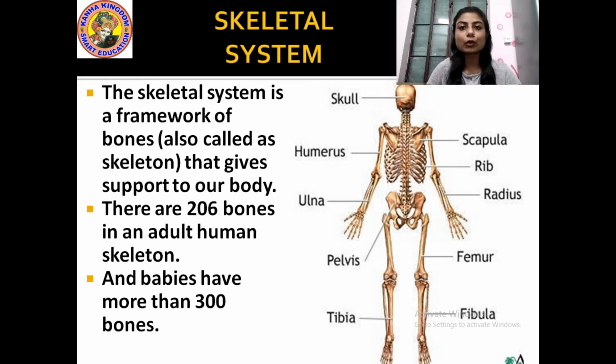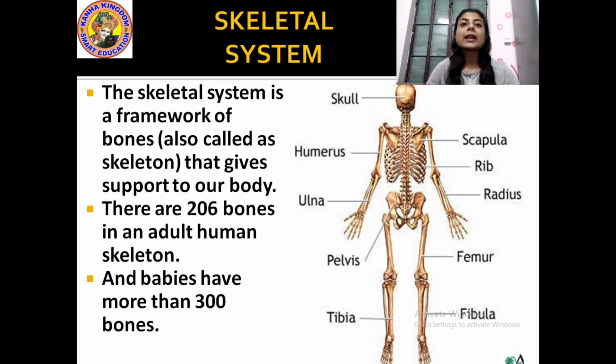Why do they have more than 300 bones? Do you know? Because when a baby is born or when a human is an infant, the bones are soft and not attached to each other. Some of the bones are very soft.